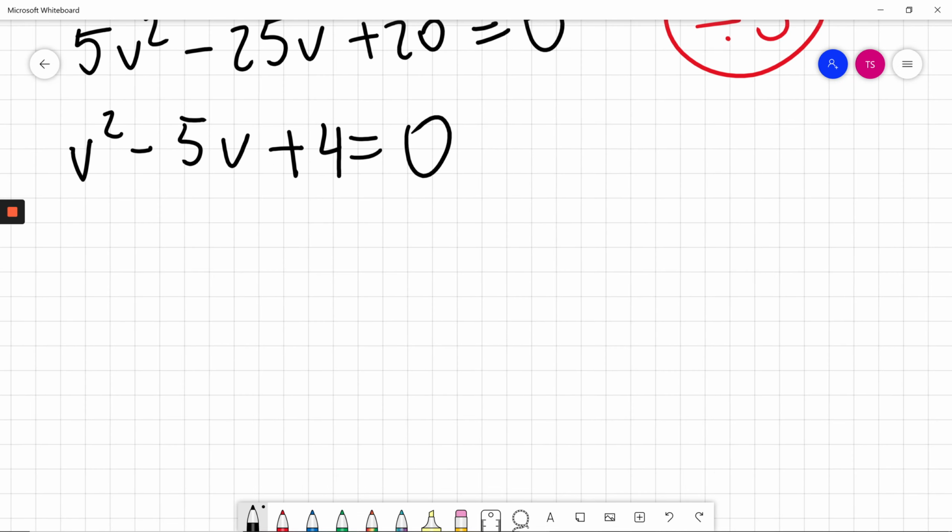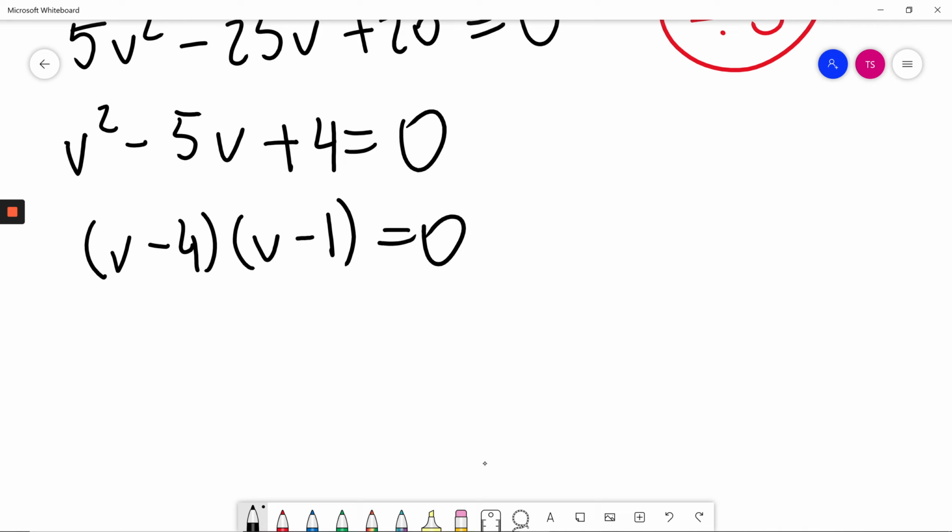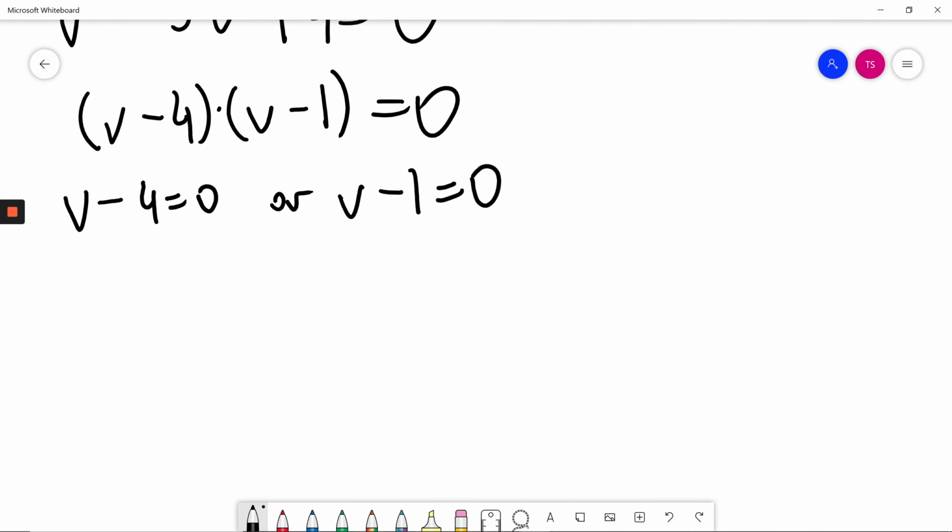Now I will just factorize the quadratic. This will be v minus 4 times v minus 1 equals 0. So if I multiply two things and I get 0, v minus 4 has to be 0, or v minus 1 has to be 0. So now I know v is equal to 4 or v is equal to 1.